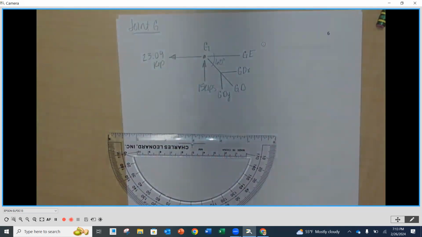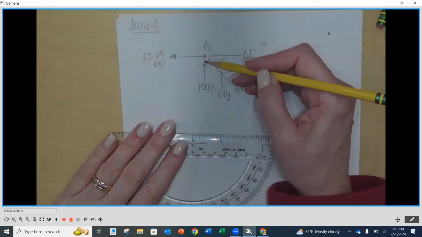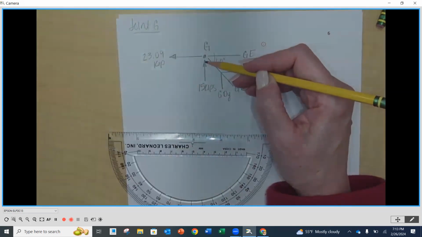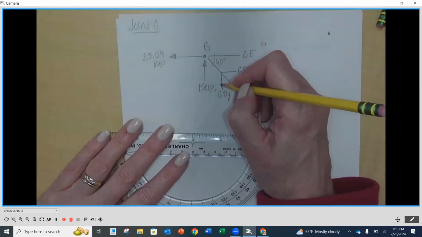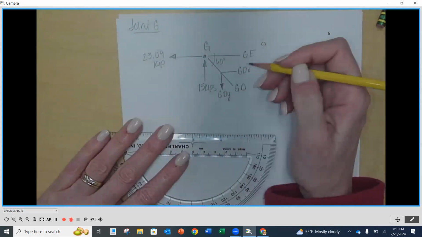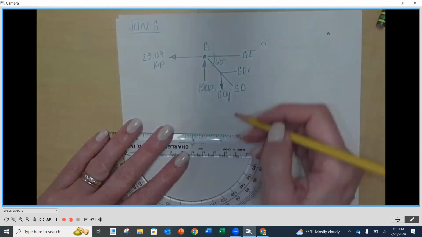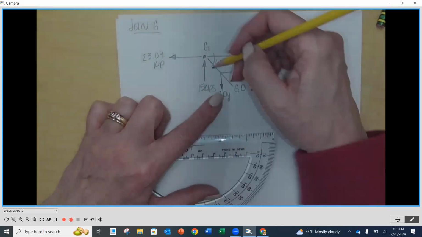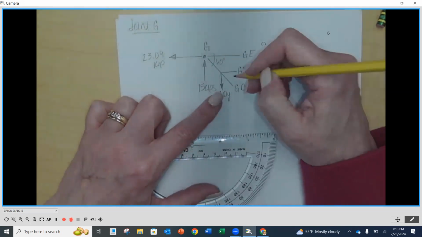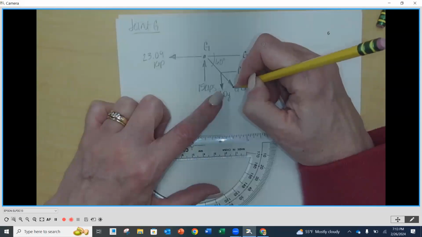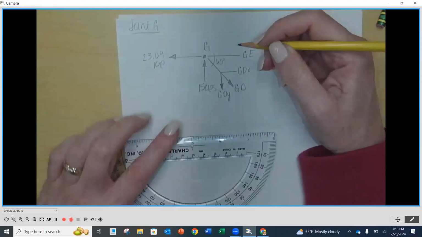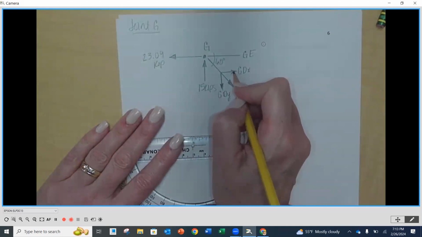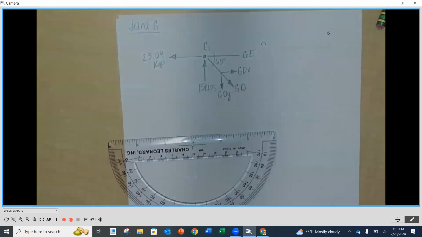Yeah, down would make sense, because if I only have one other Y force, it's going up already, and I know its value, then it has to go down to keep it in equilibrium. Now, if this Y is going down, do you see how my GD has to go down and to the right? So my X has to go to the right. Okay.